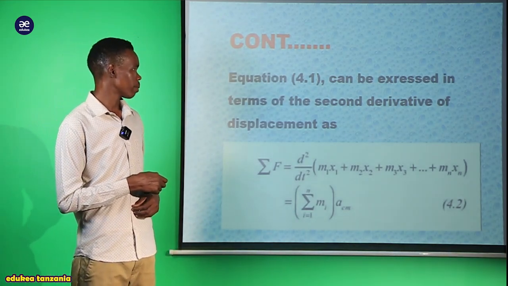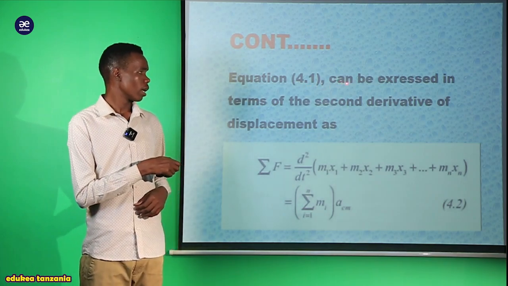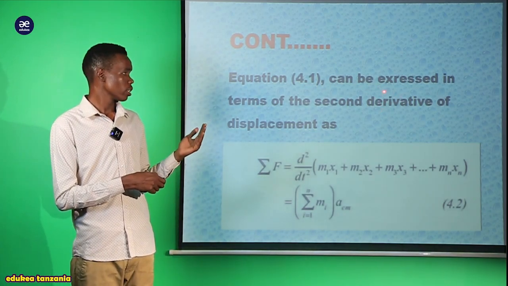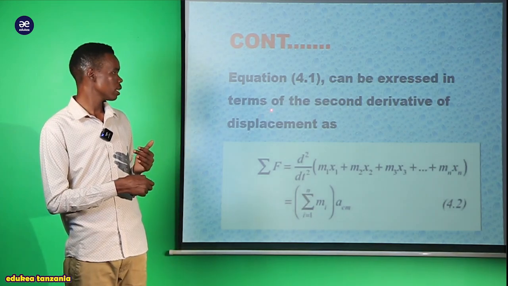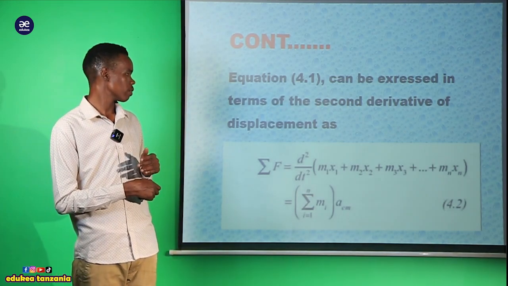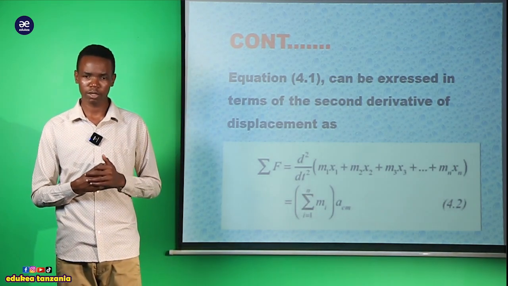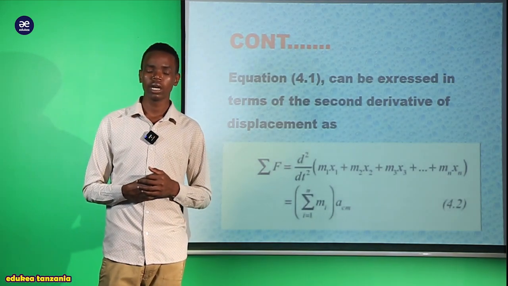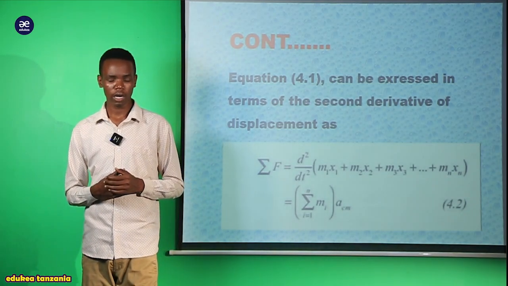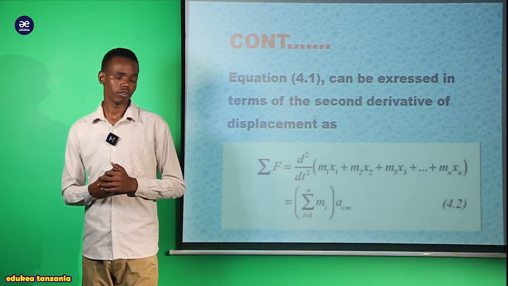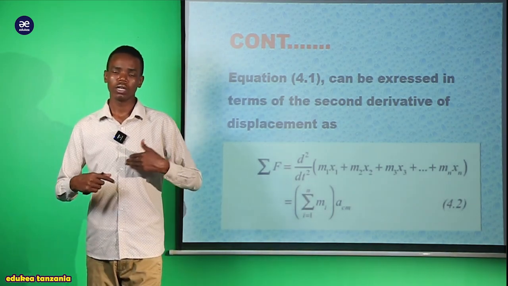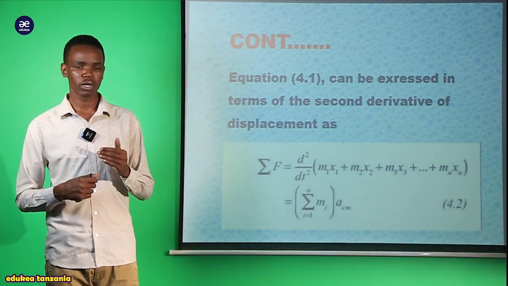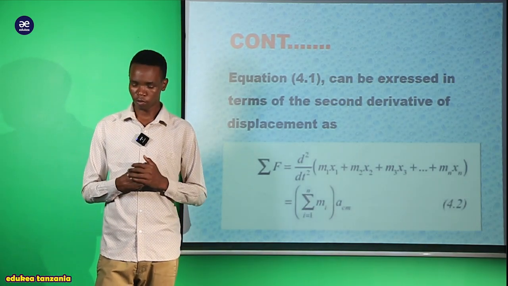So equation number 4.1, that is what I have tried to repeat again, can be expressed in terms of the second derivative of the displacement. The equation we obtained is in terms of the acceleration, and now we are supposed to express it in terms of the displacement.